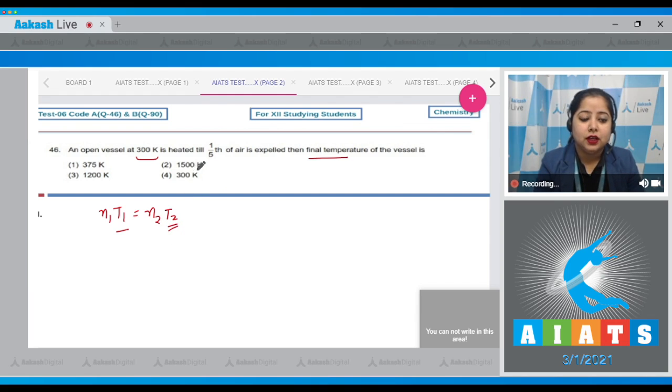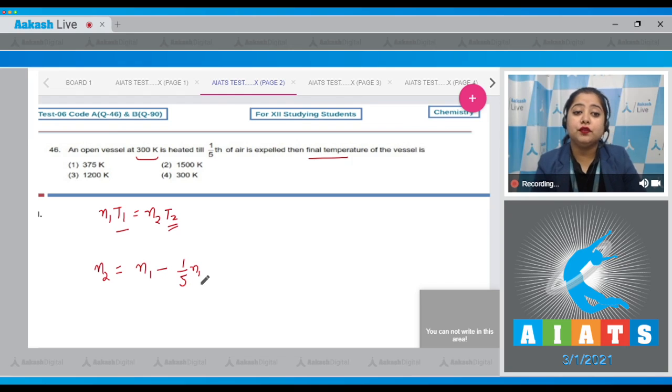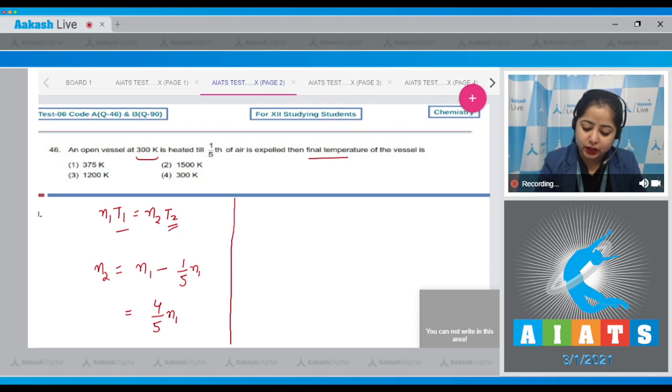Here it is given that on heating 1/5 of the air is expelled. That means we can find the relation between N1 and N2. So students, N2 is equal to N1 minus 1/5 of N1. Since 1/5 of air is expelled out, the remaining will be 4 upon 5 N1. So let's put the value of N2 in the equation.